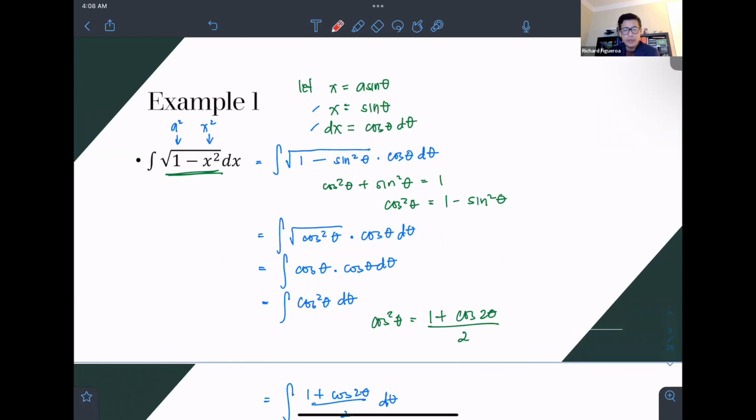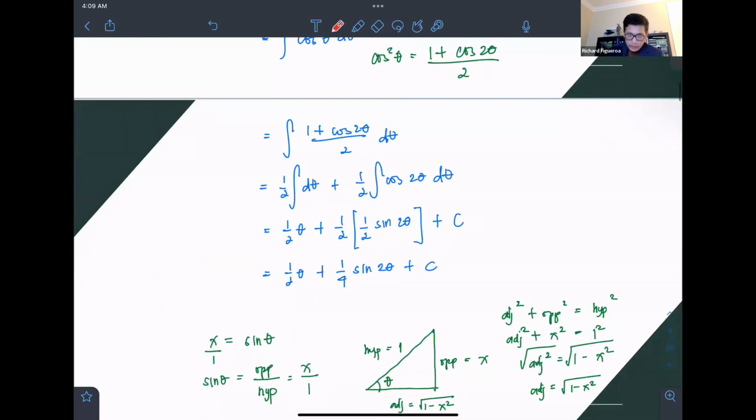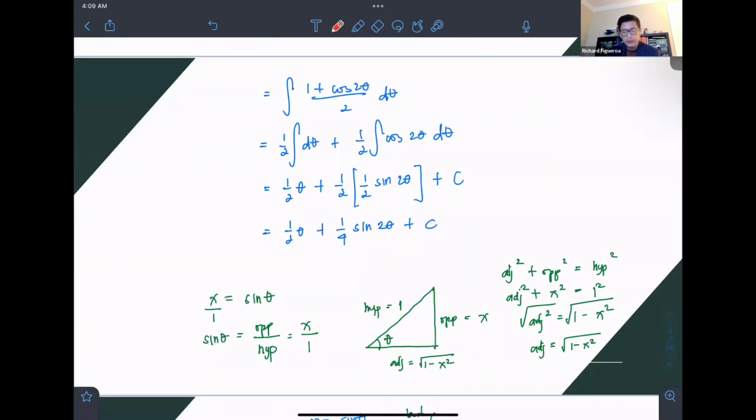Once you've simplified it, most of the time it will be a trigo transformation or direct application of integral for trigo functions. Once you get the answer, you have to transform it back to the original algebraic function.